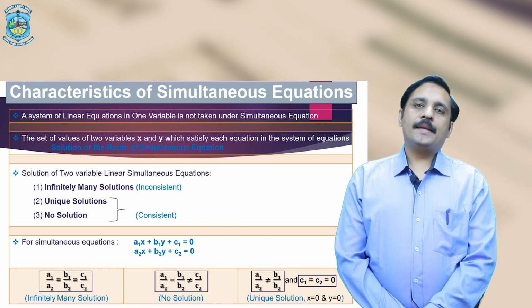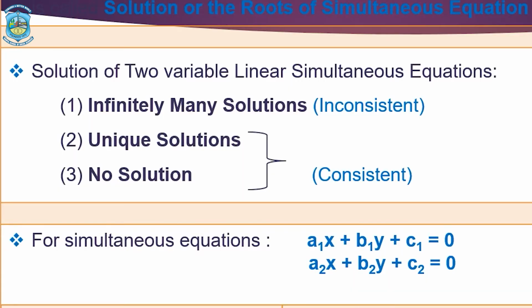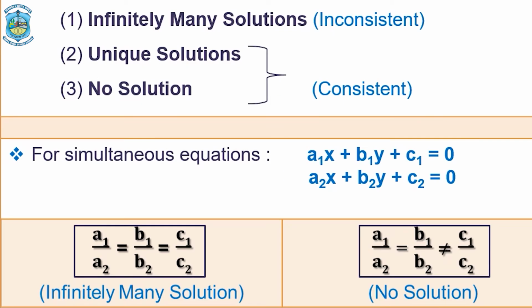Now if we have simultaneous equations in the form a1x plus b1y plus c1 is equal to 0, a2x plus b2y plus c2 is equal to 0, then if a1 upon a2 is equal to b1 upon b2, which is equal to c1 upon c2, we say that we have infinitely many solutions. These a1, a2, b1, b2 and c1, c2 are coefficients of the variables x, y.